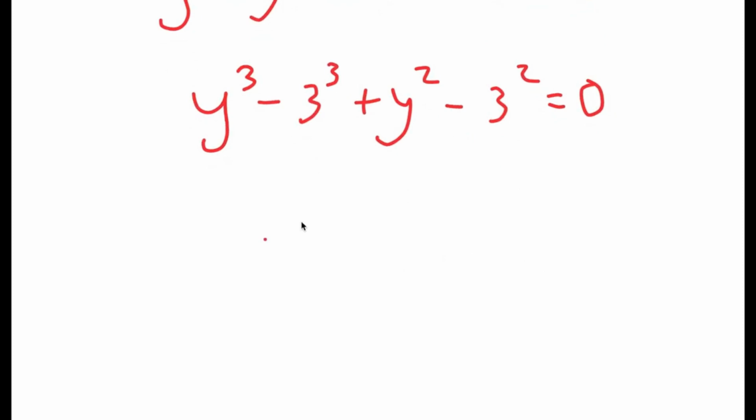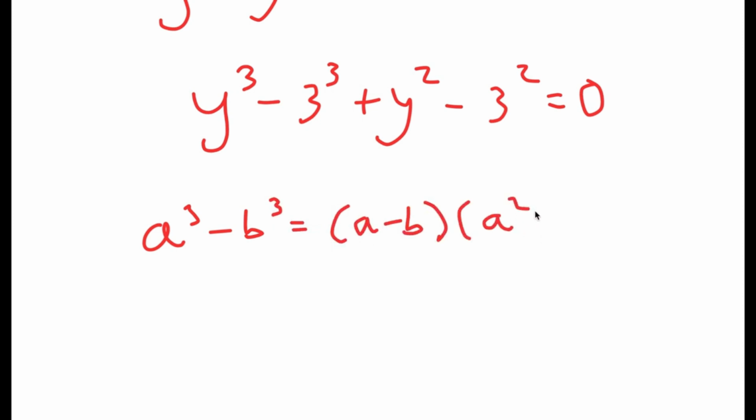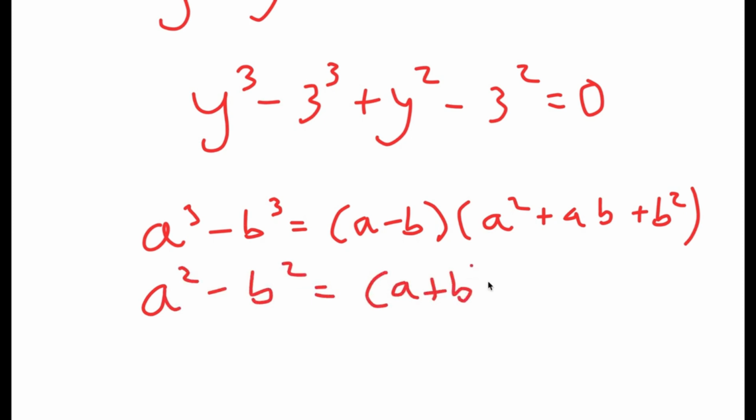Now, there's two different properties I'm going to use here. I'm going to use a to the power of 3 minus b to the power of 3 is equal to a minus b times a squared plus ab plus b squared. And I'm also going to use a squared minus b squared is equal to a plus b times a minus b.